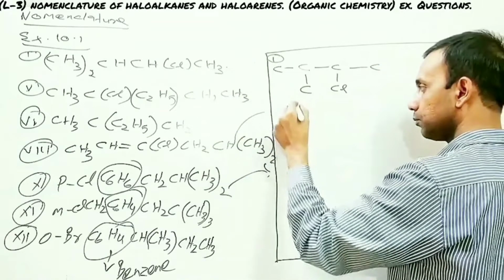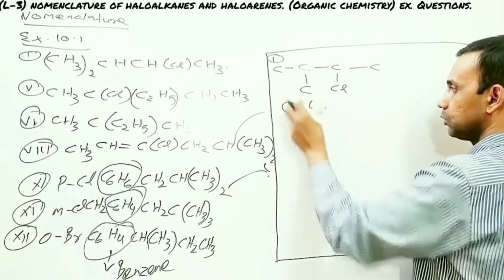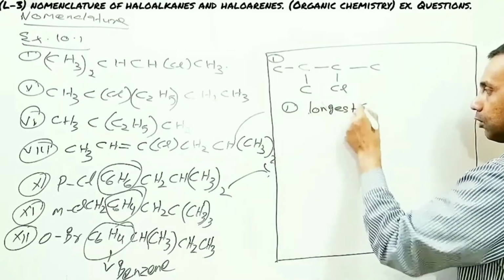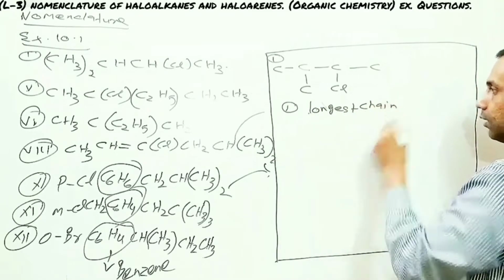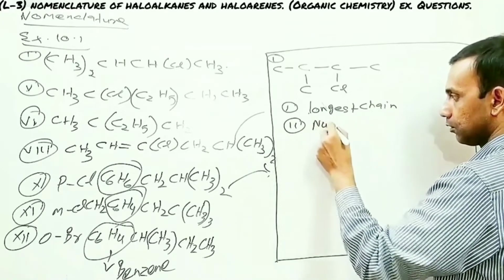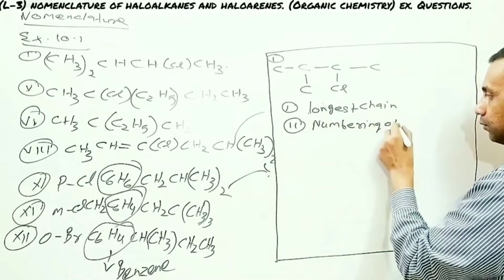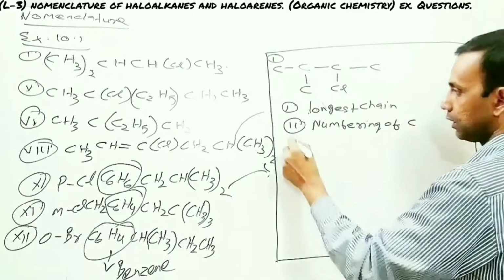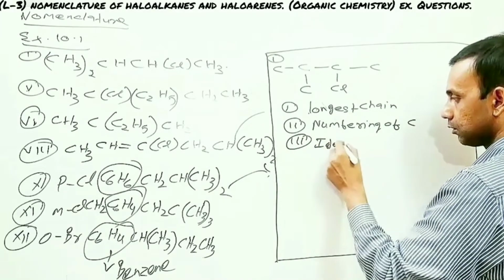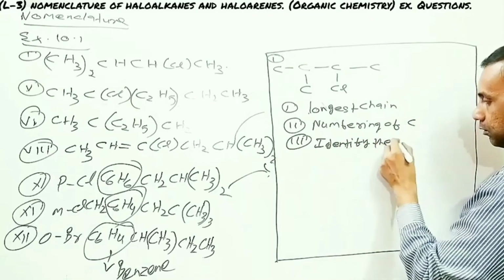So what you have to do, you need to first find the longest chain. Second thing you need to do, numbering. You need to do numbering of the carbon. Third, identify the groups.